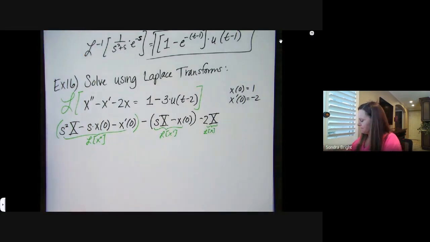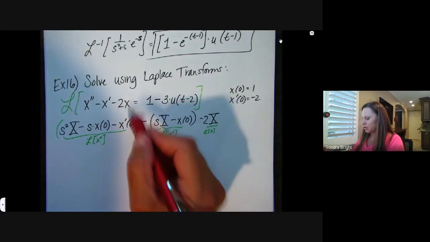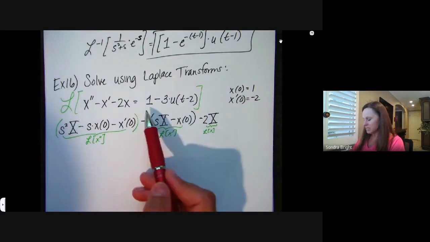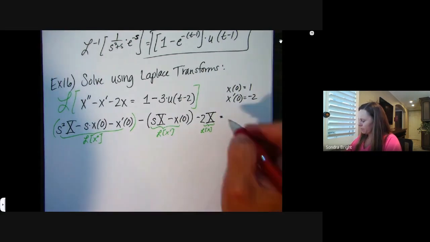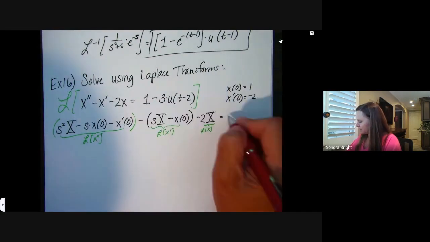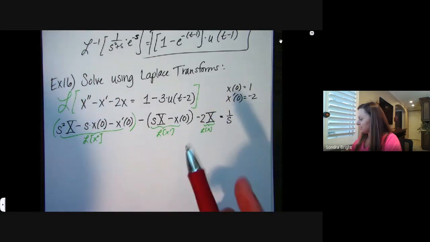And then the right-hand side, you are going to take the Laplace transform of this. Laplace transform of 1 is 1 over s. And then we just got done doing this.